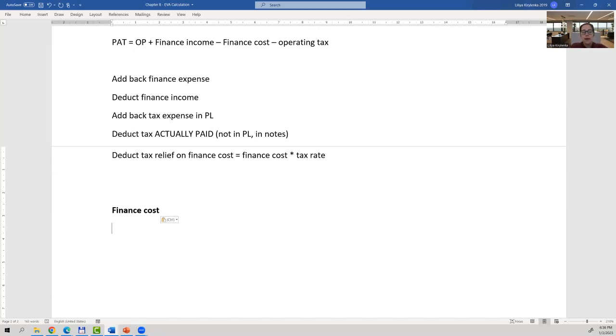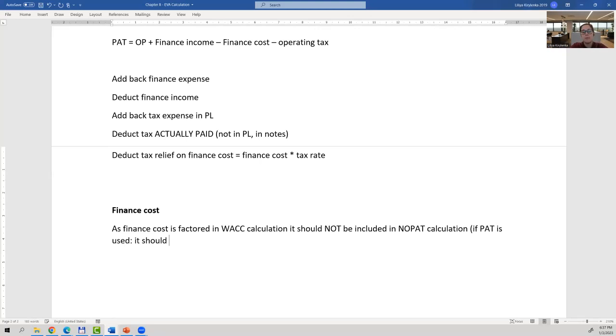So you will say, as finance cost is factored in weighted average cost of capital calculation, it should not be included in NOPAT calculation, and if it's a profit after tax, you would say that if PAT is given and used, it should be added back to profit after tax.